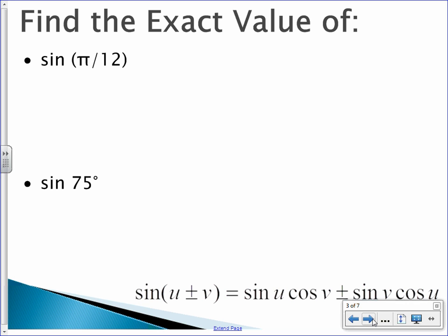Pi over 4 minus pi over 6, you say? Because that would be 3/12 minus 2/12. Yeah? Okay, so now we can use our difference formula, right?